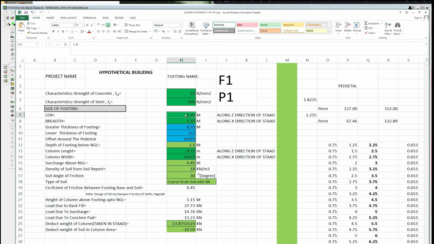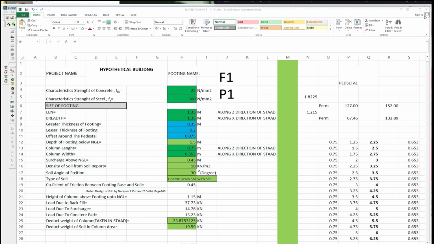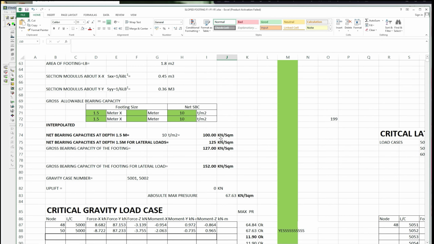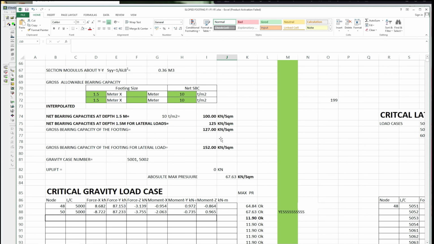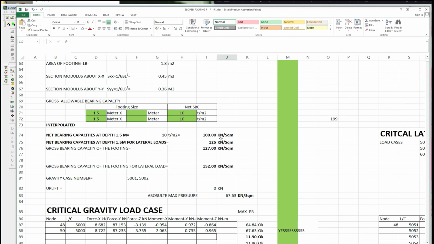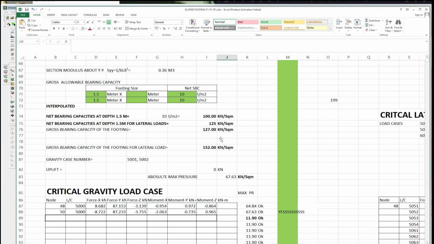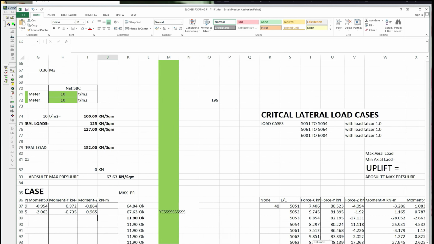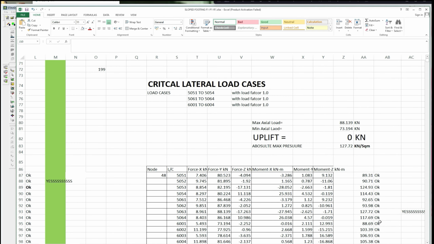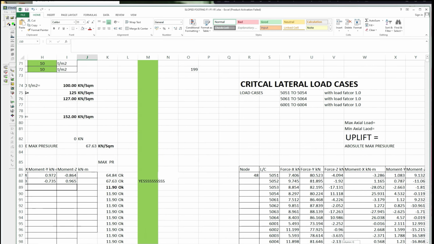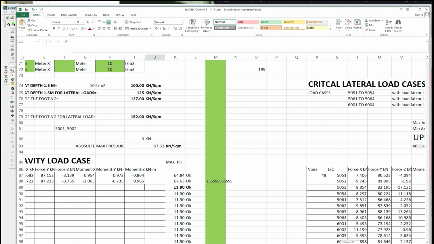So 1.5 by 1.2, still remains the same. Now let us check with lateral load cases. 127.72 is the maximum pressure because of lateral load, and allowable is 152.